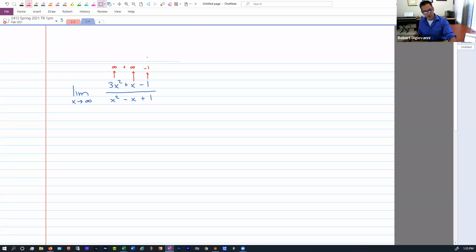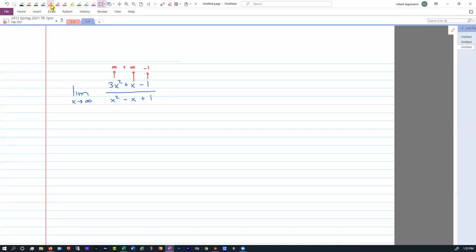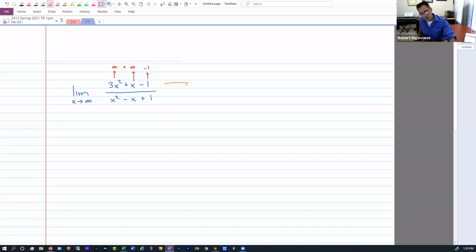What's that going to turn out to be? Infinity plus infinity, take away 1. Big number plus big number, take away 1, still a big number? Yes. So this top part should be headed to infinity, because we had infinity plus infinity, and taking away 1 doesn't do much. It has very little impact on things.